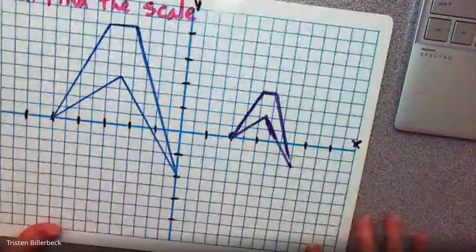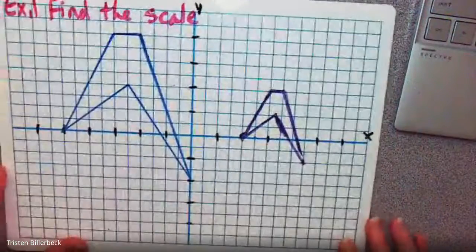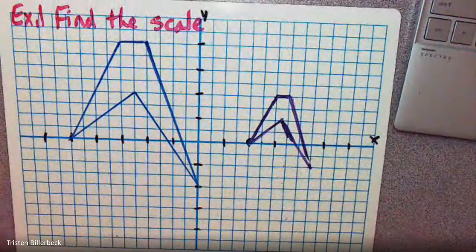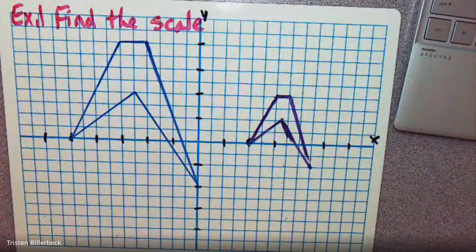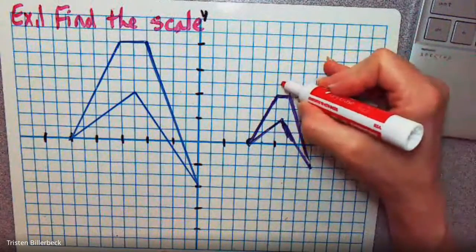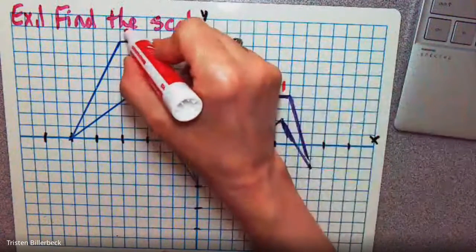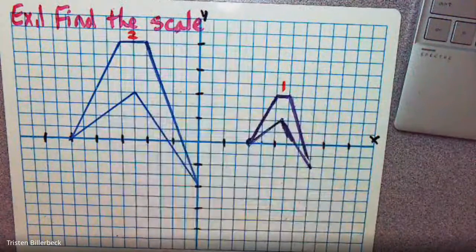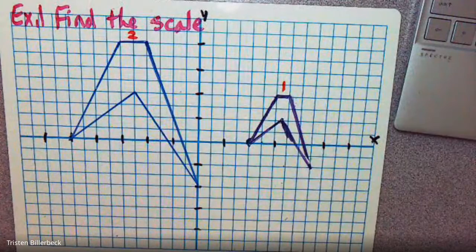So if we're given an object like this and they ask us to find the scale factor, what we could do really quickly is say, that's not so hard. Look at this. We have 1 here and we have 2 here. That's a giveaway.